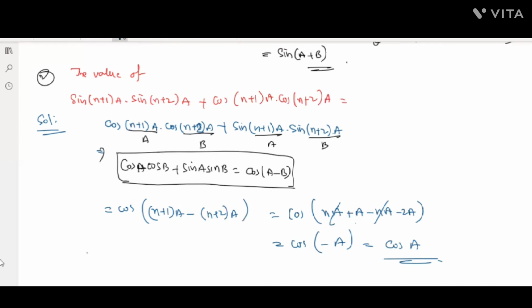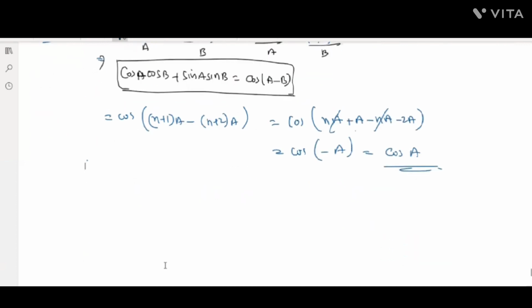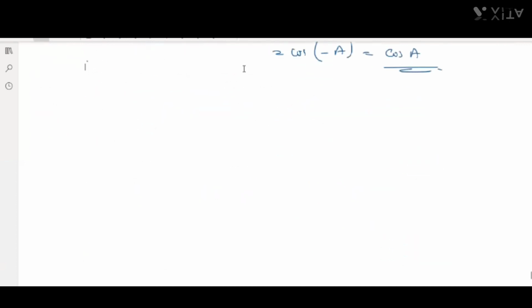So next, one more question. Question number 3. Value of sin (theta plus 120) minus sin (120 minus theta). So how can we find the value of this one?